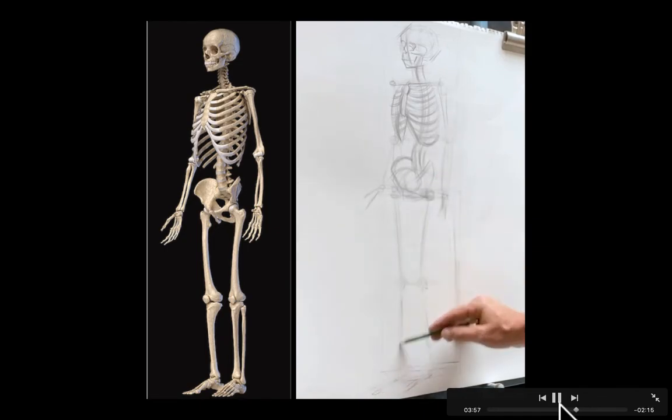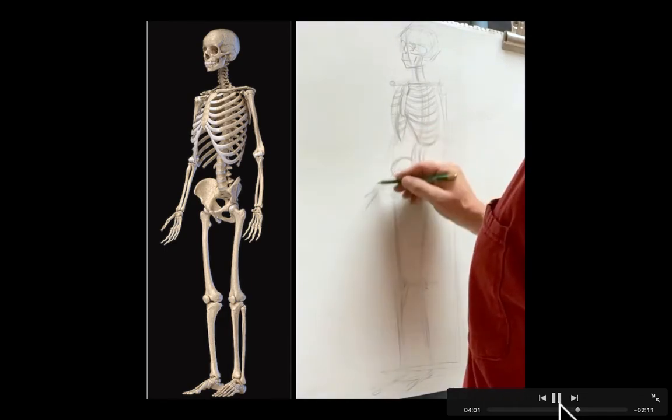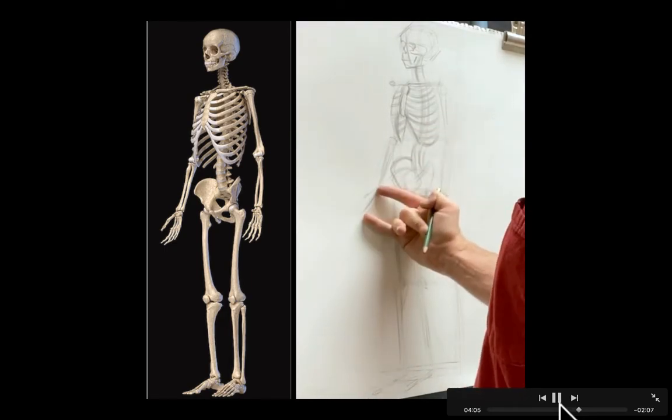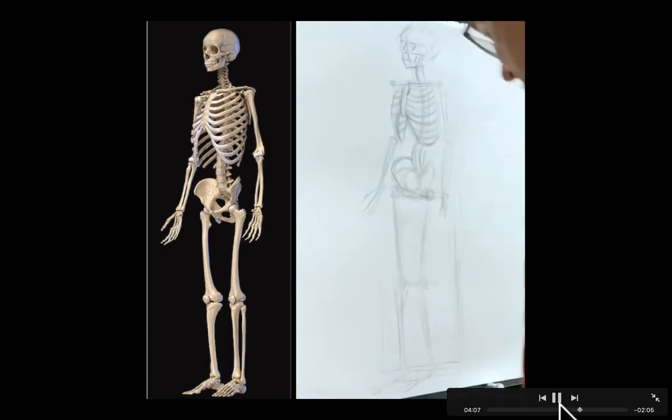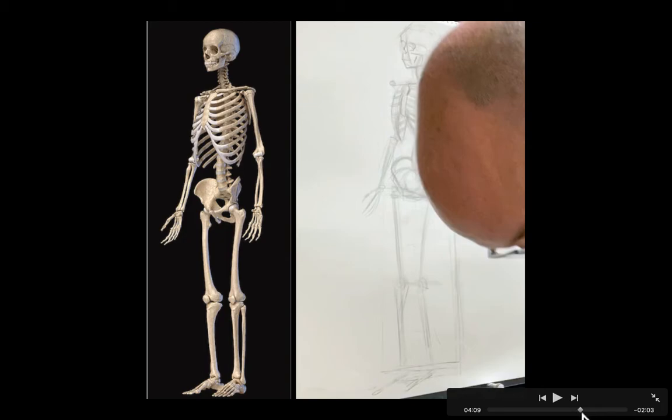Now I'm correcting the direction of the legs, bringing up some of the mass. Now you'll notice there that I measured the size of the hand. Let's see if we can't go back just a little bit.